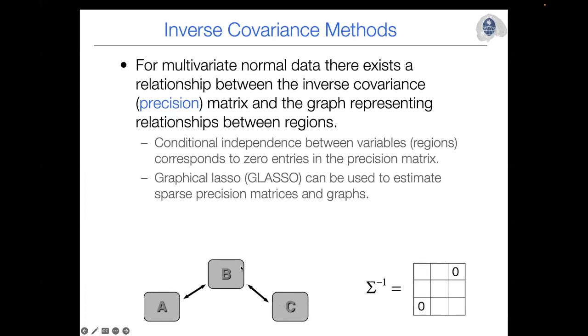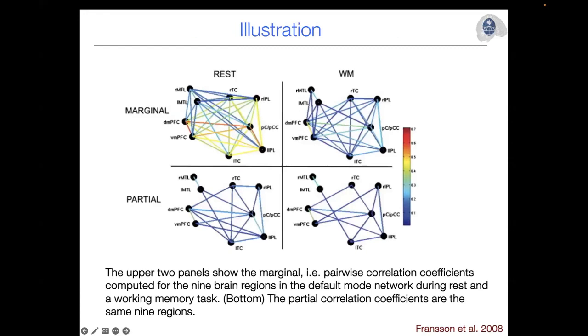And so there's a one-to-one mapping for multivariate Gaussians between zeros in this inverse covariance matrix and the graphical structure. So this is a nice way to create these graph networks. Of course, you get these zeros by adding penalization terms, so it depends a little bit on those types of things.